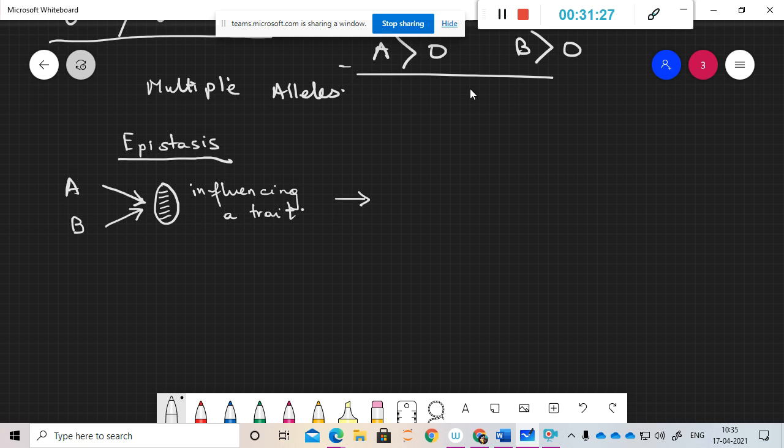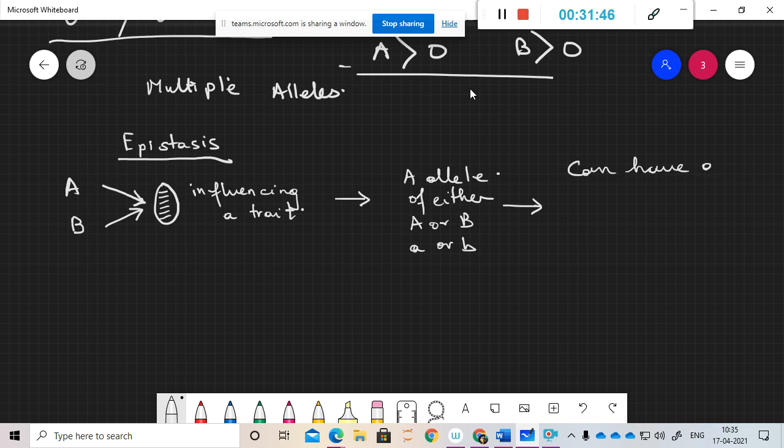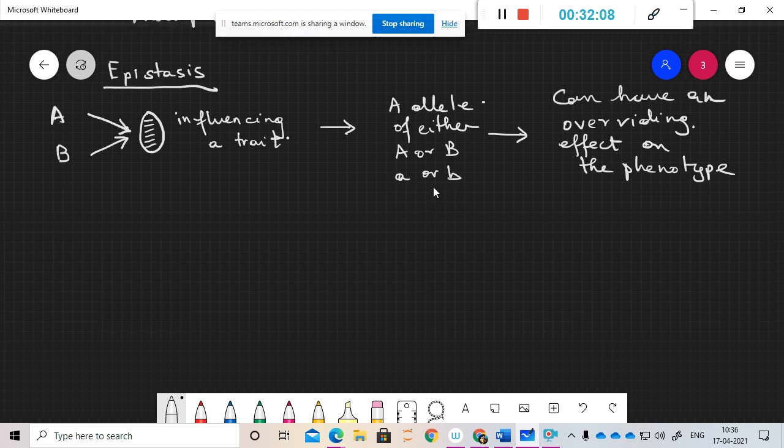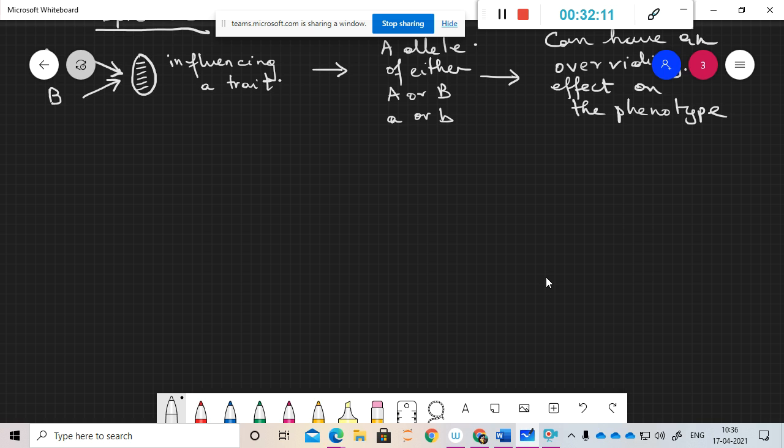In this case, an allele of either A or B, it can be small a or small b, can have an overriding effect on the phenotype. This phenomenon is known as epistasis.